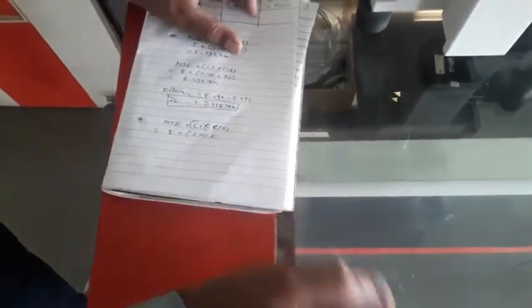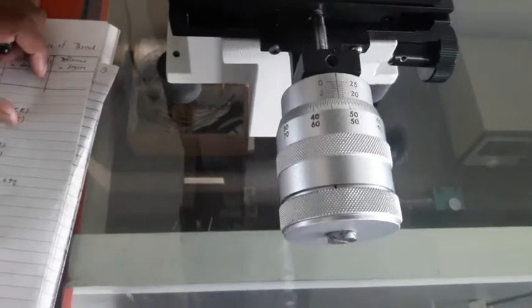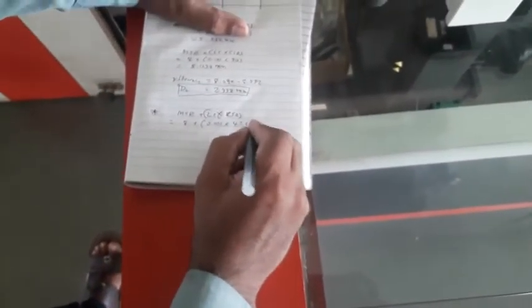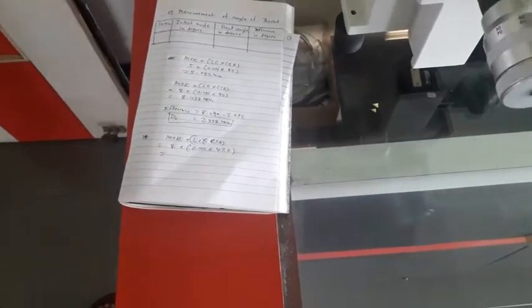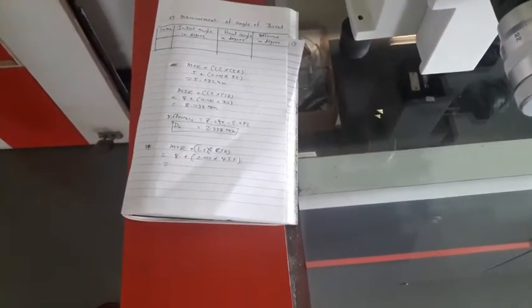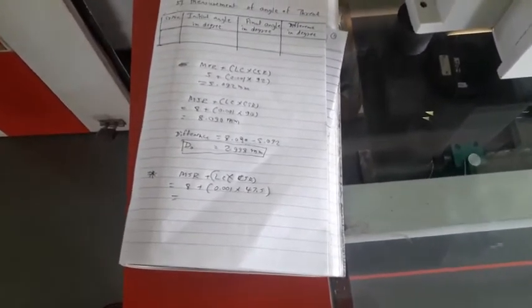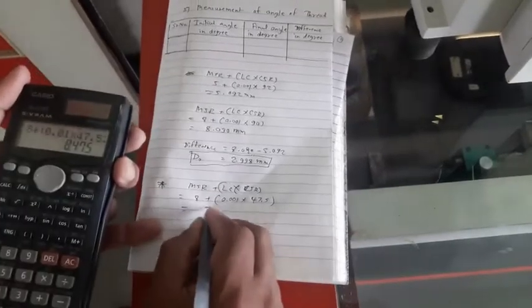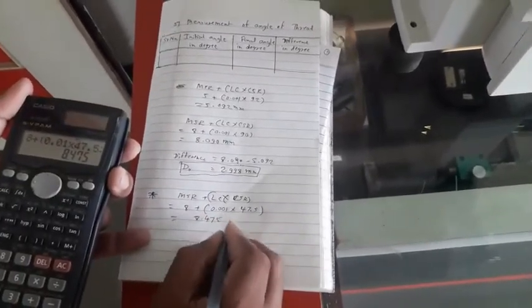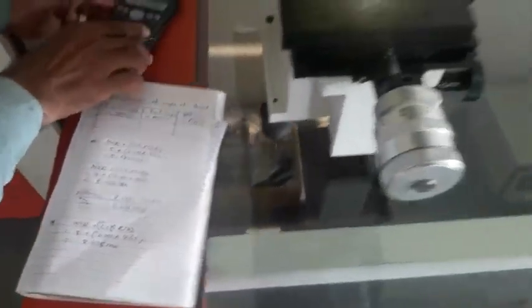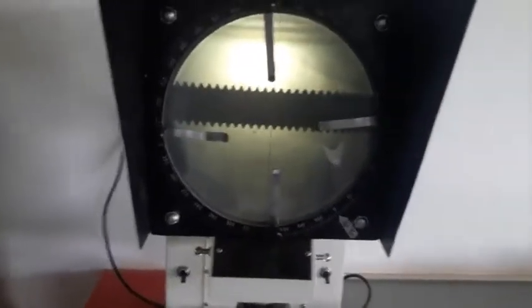Circular scale reading is 47.5. We got the reading 8.475 mm.